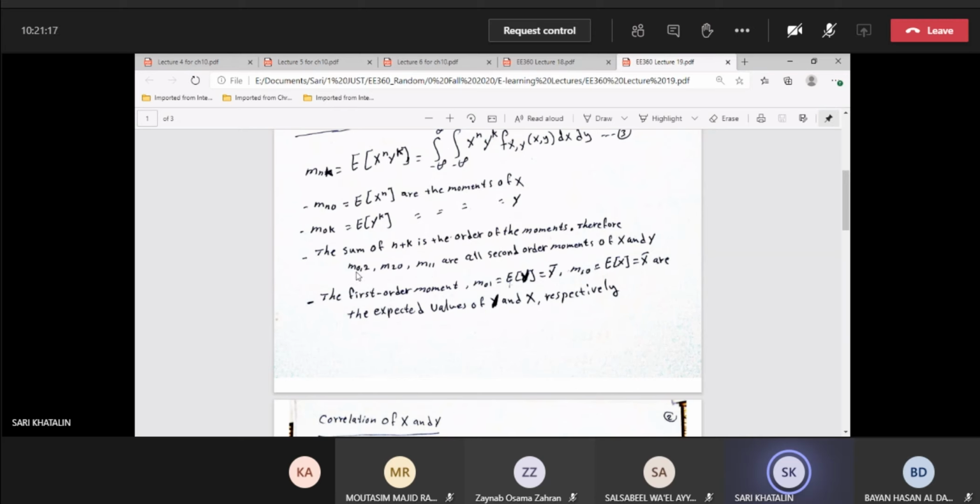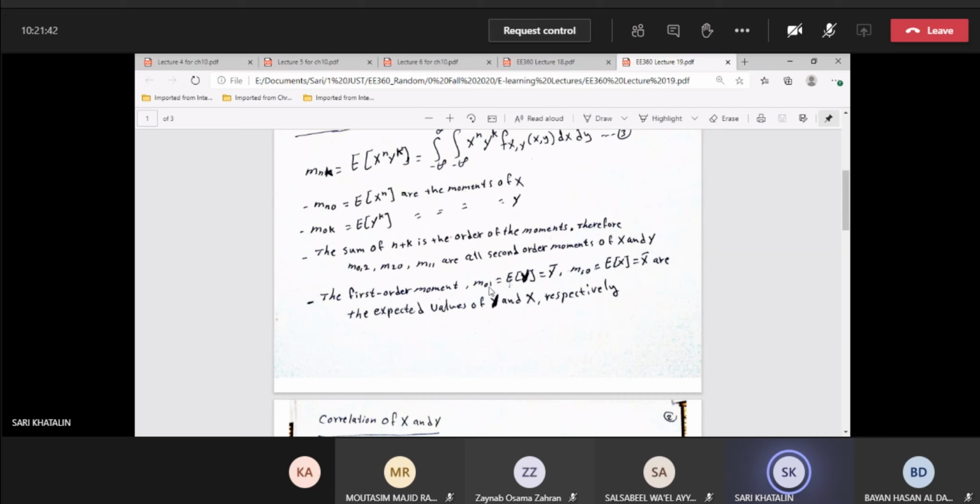So these moments, 0, 2 and 2, 0, they're all called second moments, okay? And 0, 1 and 1, 0, all these are first moments, the first order moment. So the first order moment, basically, is the mean, okay? The mean of either x or y.